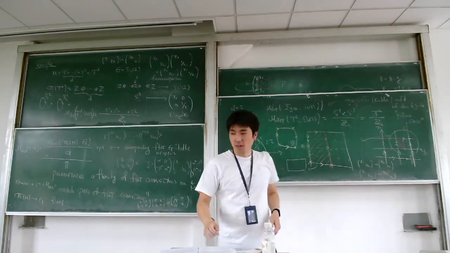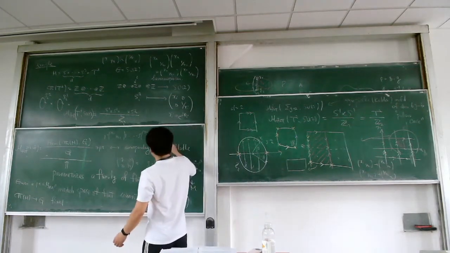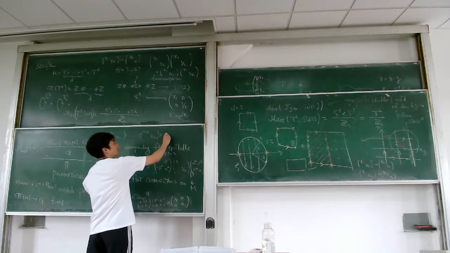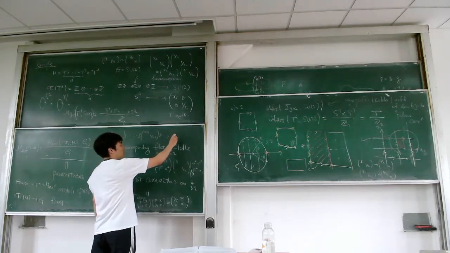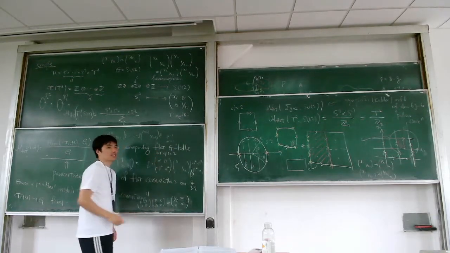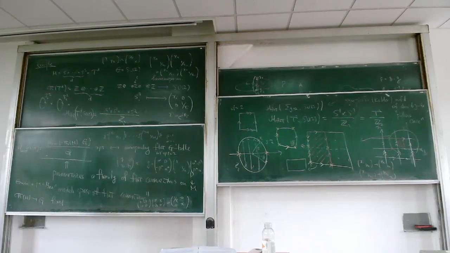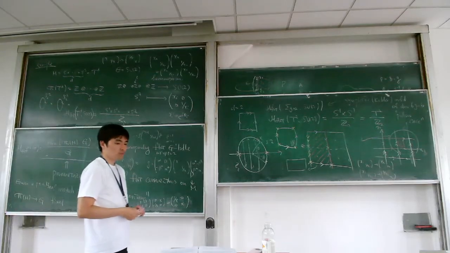At the end of the day, what you get is essentially that beta is equal to 0 or alpha is equal to 0. I think that's what matters.